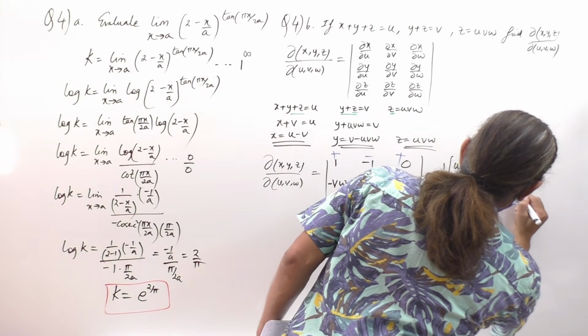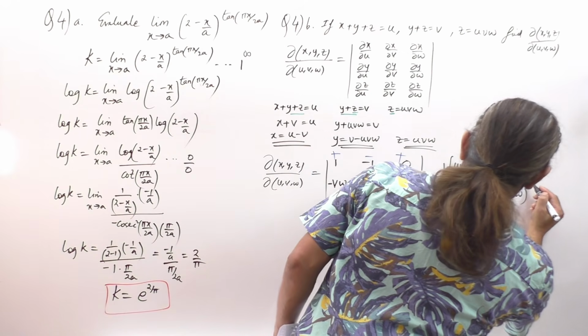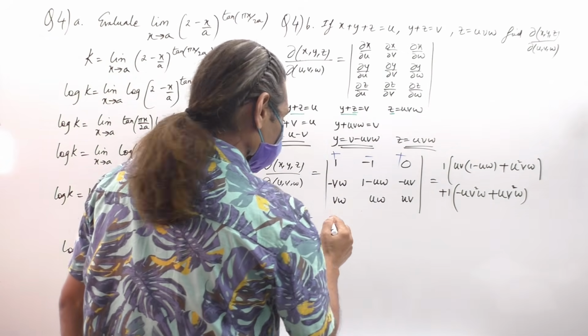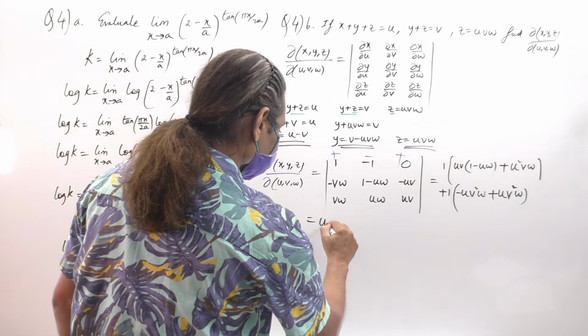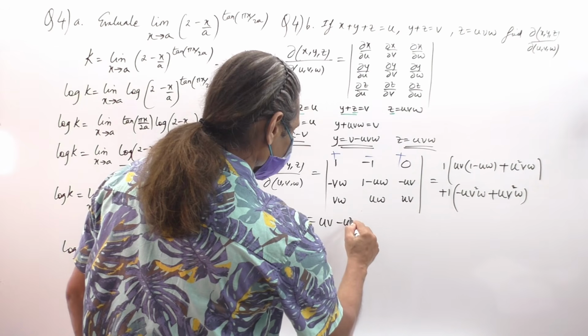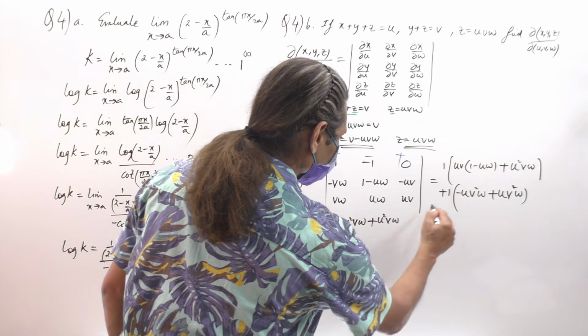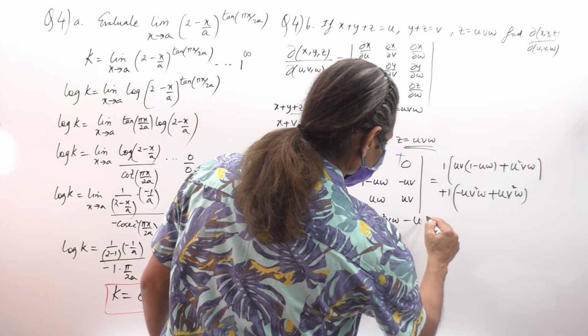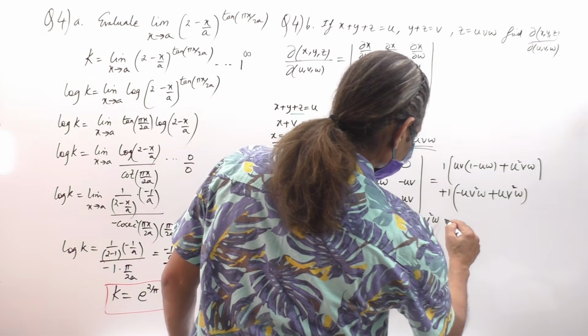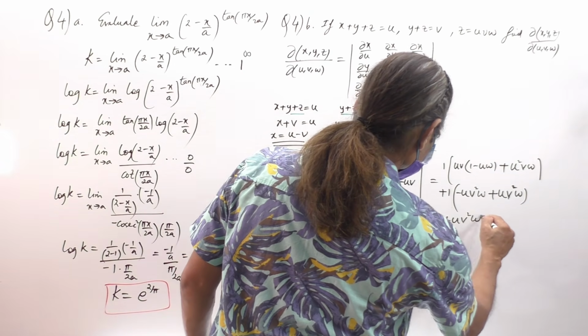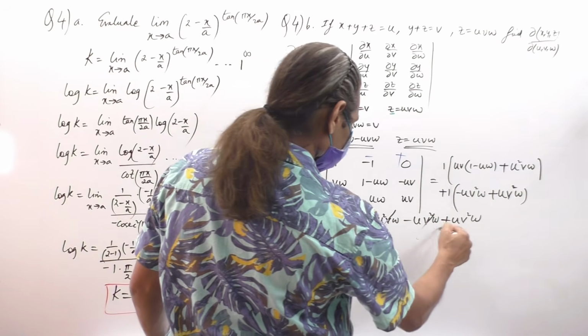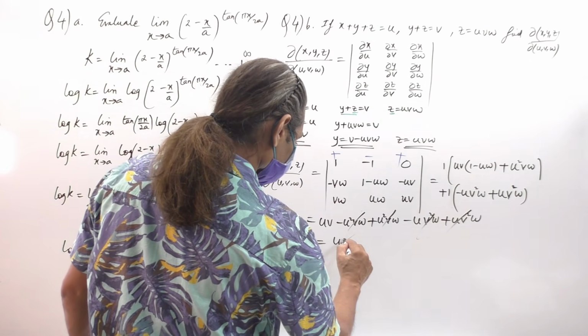Okay, now let's open a bracket here, so this will be uv minus u square vw plus u square vw, again minus uv square w plus uv square w. So I think this and this cancel, so it is equal to uv.